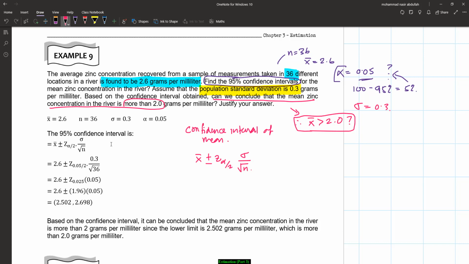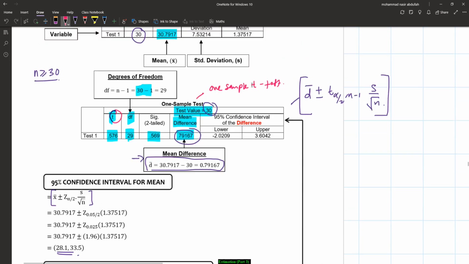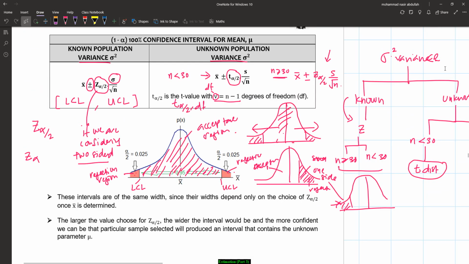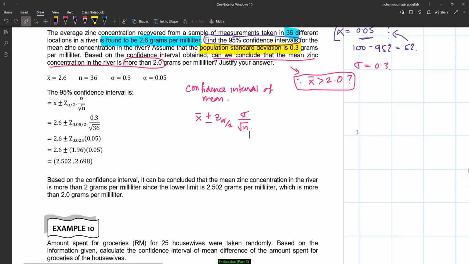Sebab dekat sini dia kata population standard deviation is 0.3, means that the population standard deviation is known. Remember the chart yang I buat kat atas ni? This one. Population variance known, Z distribution. We don't care whether the sample size is less than 30 or more than 30. So then we input into the calculation.